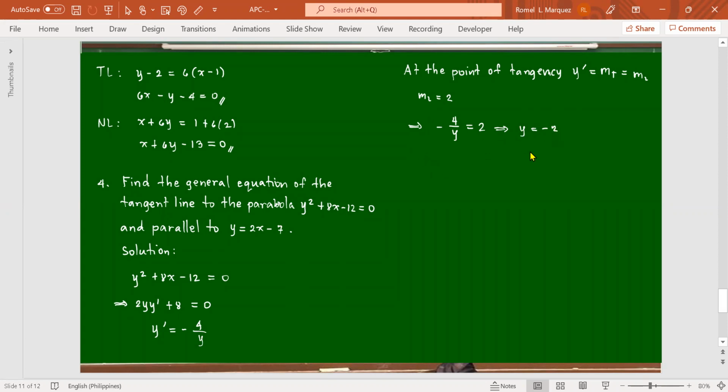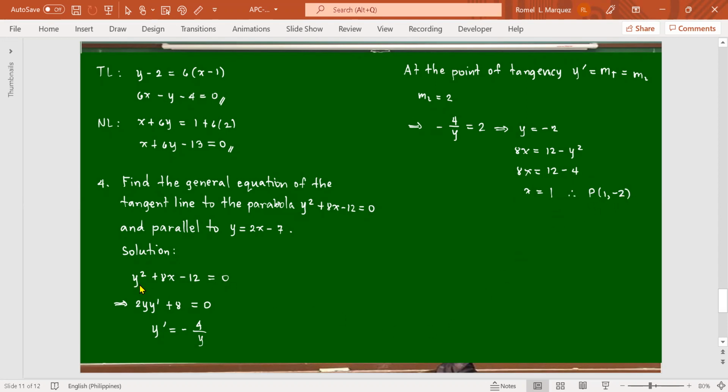Now what is the x value? From the equation, 8x equals 12 minus y squared. But what is y? Negative 2, squared is 4. What is now my x? Is it 1, children? So our point is 1, negative 2.